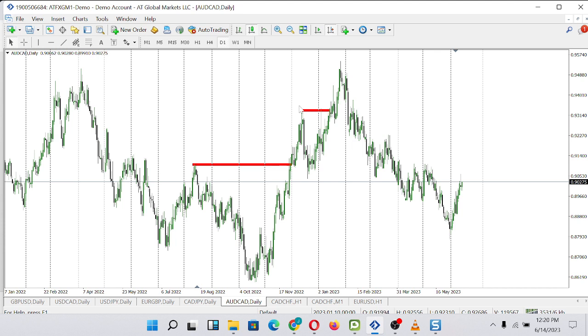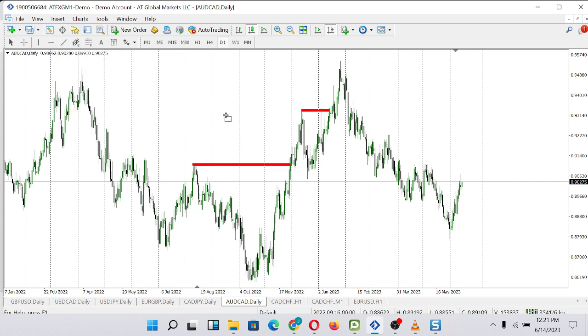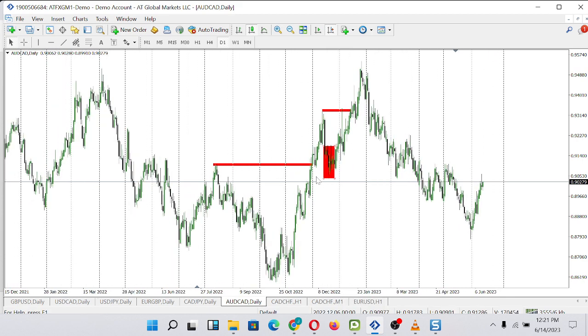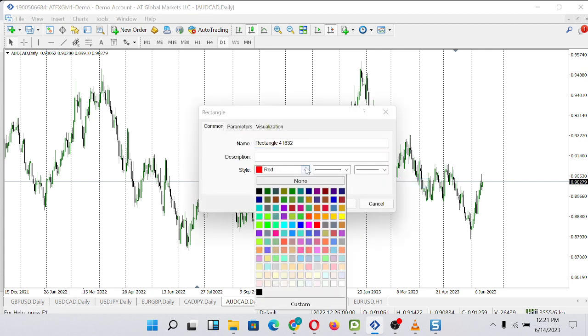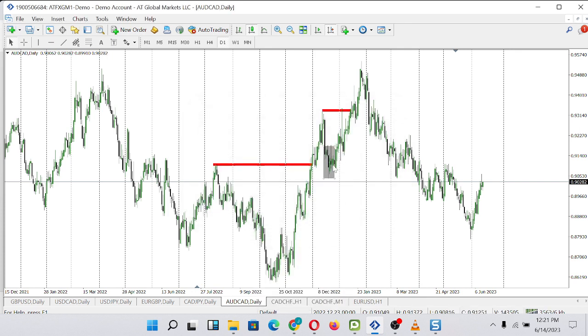So we are going to shift now to a lower time frame to see if we can catch this move here. Let me just highlight the move, right? This is the move, right? Let's see if we can catch this move. Let me change the color. Okay, let's see if we can see this move.